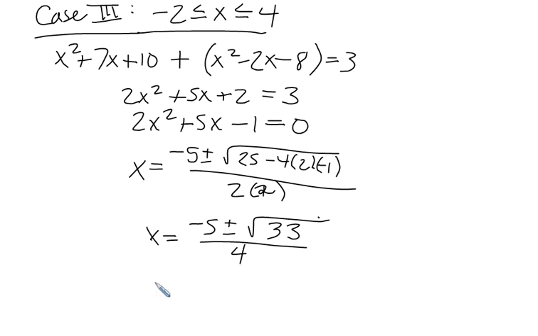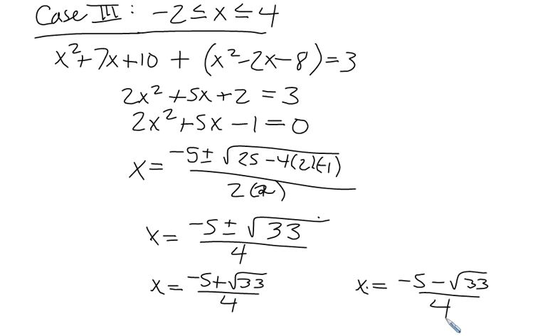Now, really, there are two solutions there of which we would be mindful. x would be equal to negative 5 plus radical 33 all over 4, or x would be equal to negative 5 minus radical 33 all over 4. We need to check each of those against the case. So we keep in mind that the case was negative 2 is less than or equal to x is less than or equal to 4.